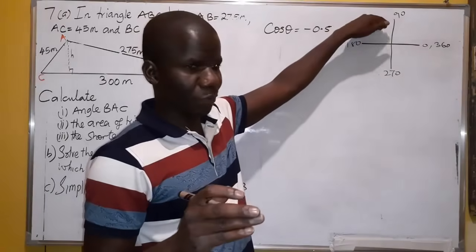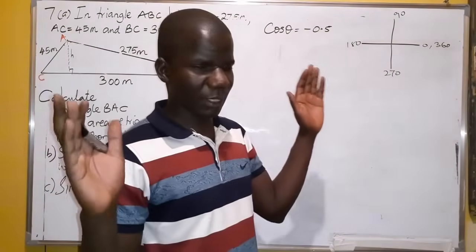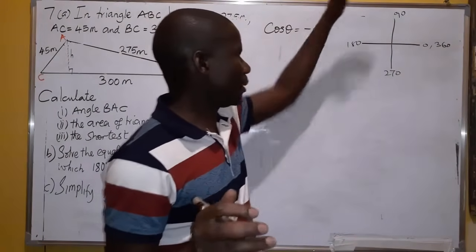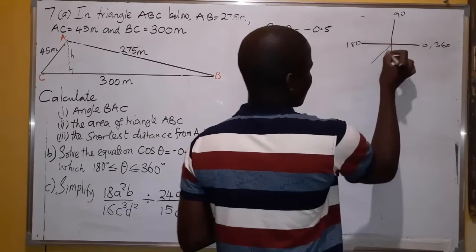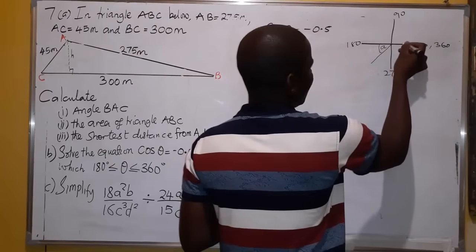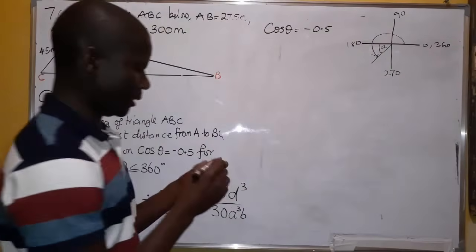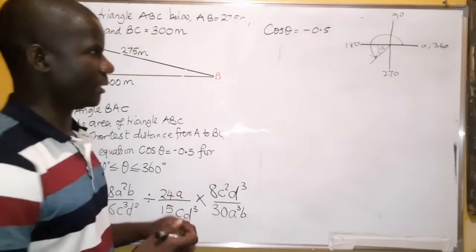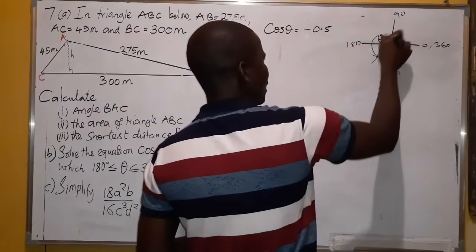The other one could have also qualified, but because of the parameters that were given, from this point up to that one, this one is not going to be there. So we are actually looking at this point here. That is basically the value of theta. This is theta here, from here up there.